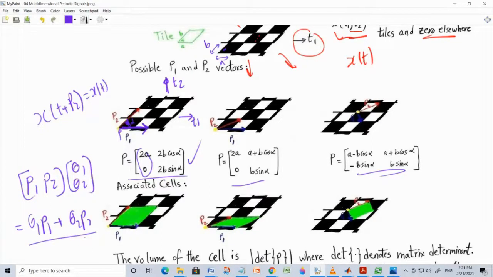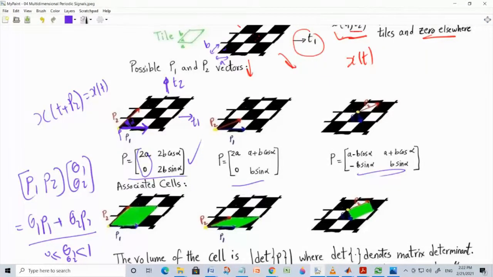Basically, you move theta 1 along B1 and theta 2 along B2, and those thetas are numbers between 0 and 1, 0 included, 1 excluded. If you do this, you will cover this green part here. The boundary is not actually included, but you understand it from the definition, not from the drawing, that theta 1 and theta 2 are between 0 and 1.